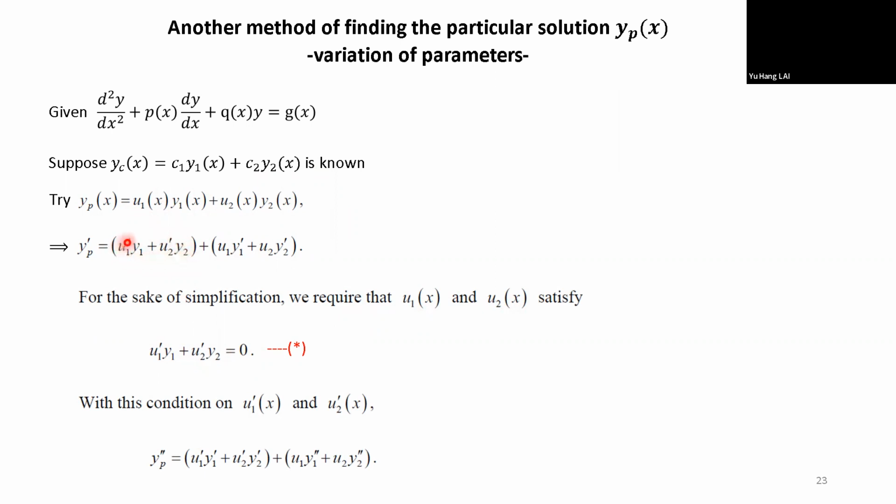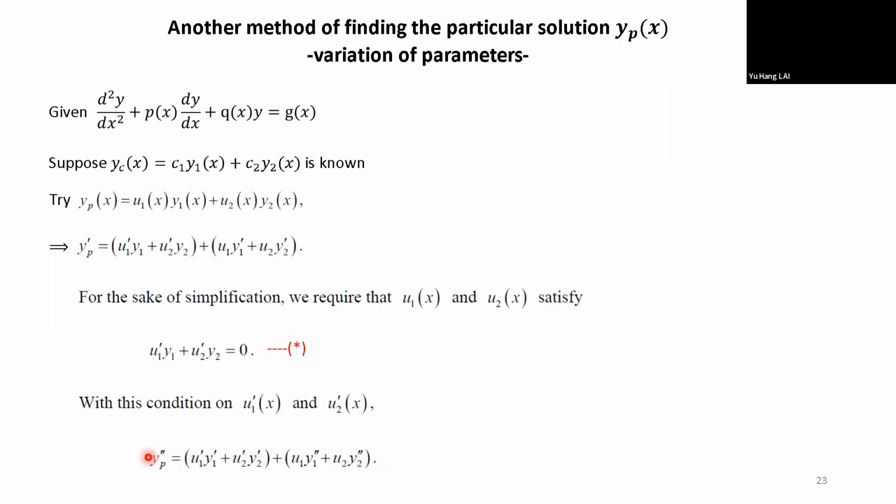If u1 and u2 indeed satisfy this, then the problem will be simplified, because now you don't have the first term in this bracket. Then you move on to take the second derivative and you don't have too many terms. So if I just put that requirement, and then we go ahead and take the second order derivative, using the product rule, I'll find that yp double prime is given by this.